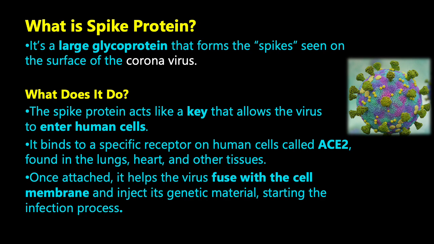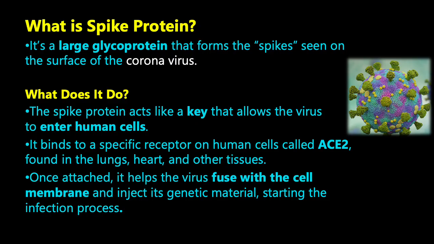When the spike protein connects to the ACE2 receptor, the virus can open the door. Once that happens, it will fuse with the cell and slip its genetic material into the cell. That's how the infection begins.